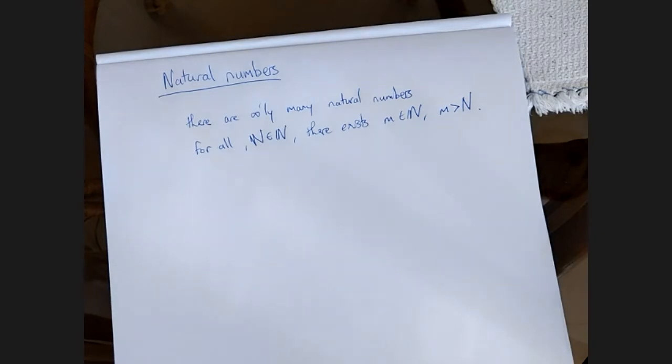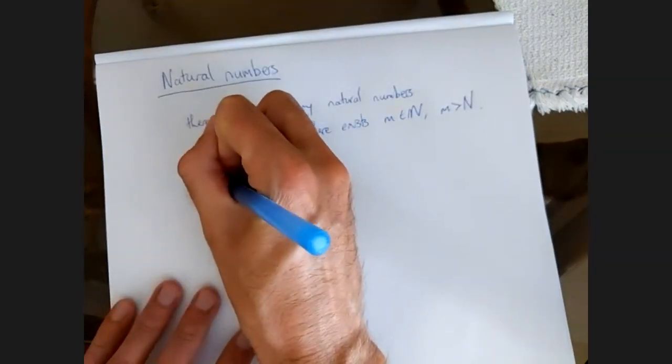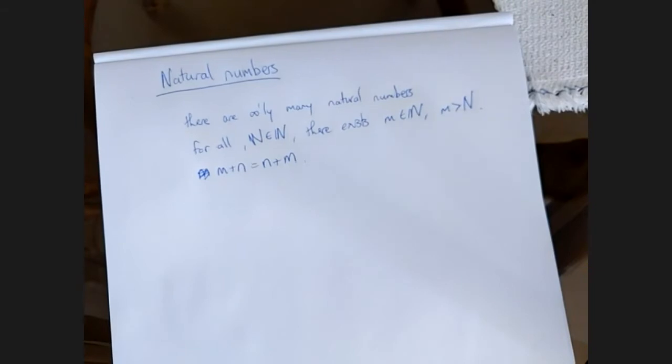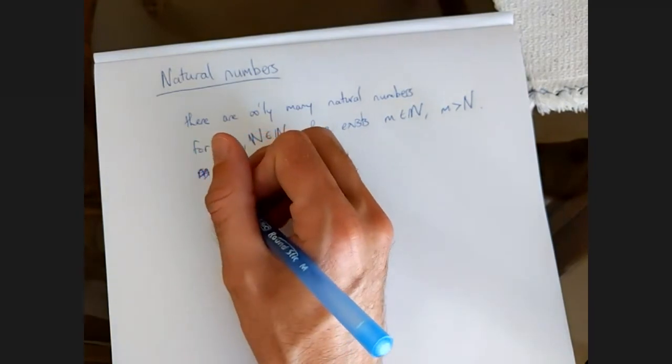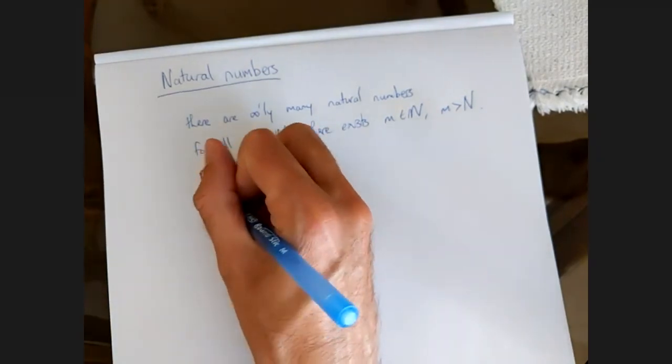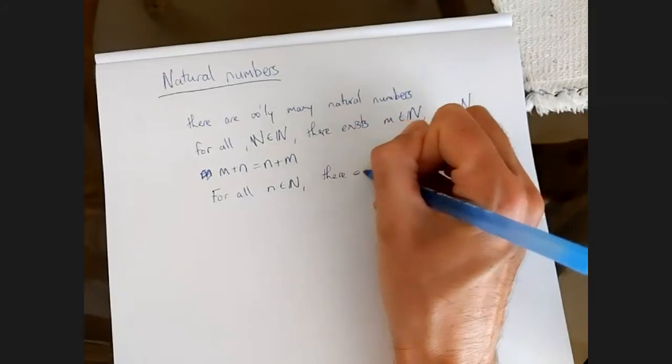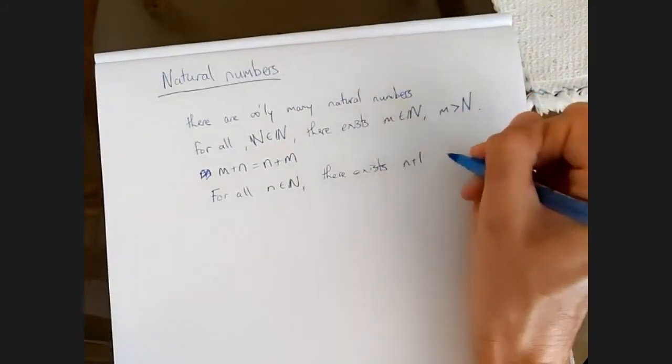Another one might be the commutative property. You can also say, for all n, there exists n plus 1.